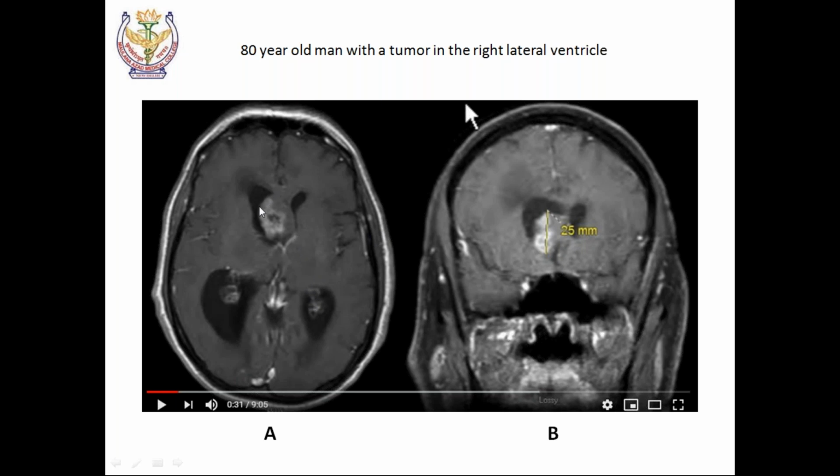So you can see something not right over here. There would have been a corpus callosum, and this is not right. So this is that right ventricular cavity, and the left ventricular cavity has a mass which is pushing it to the left side. So what abnormal anatomy can happen in relation to the lateral ventricle?